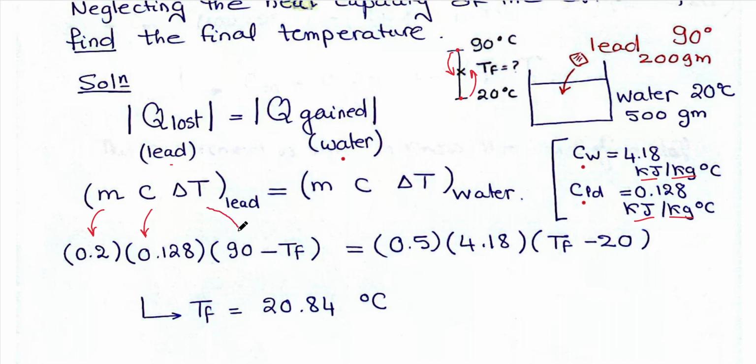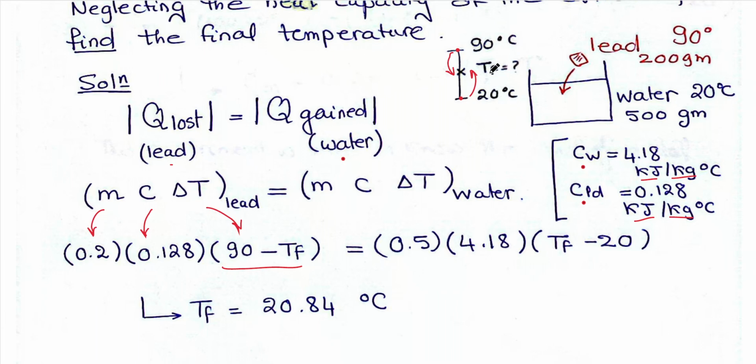Delta T, we said in this form of equation, you use the big number minus the small number. The big number for lead, 90, is bigger than T final. So put it 90 minus T final. As for water, we are sure that the T final will be greater than 20.